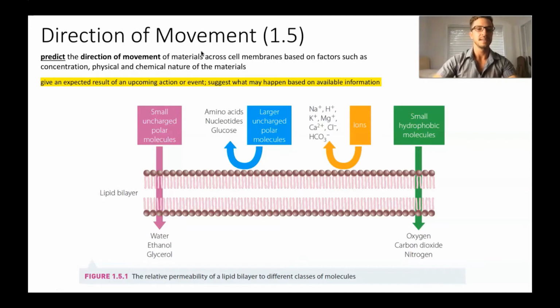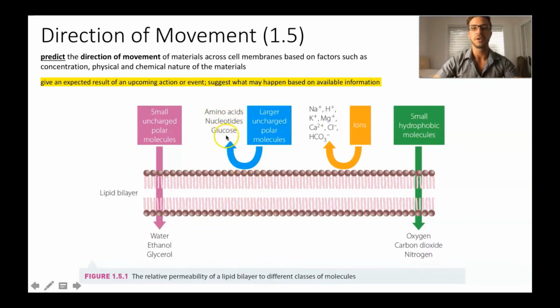And in this, we can see that small uncharged polar molecules such as water, ethanol, and glycerol can easily just diffuse through this membrane, this hydrophobic region, because it's small and uncharged. But larger uncharged polar molecules cannot pass through this hydrophobic zone. That includes nucleotides, glucose, and amino acids.